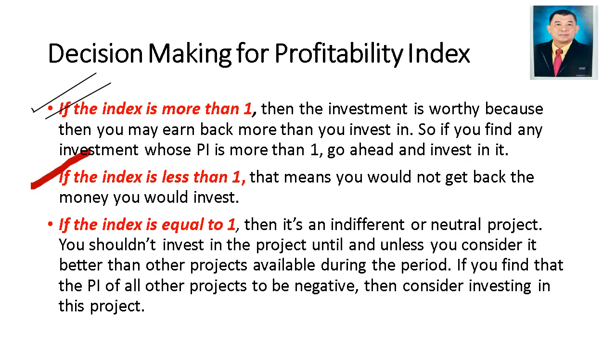If the ratio is less than 1, do not proceed with the project. If the index is equal to 1, you try to study the other project that you are trying to put up. And if it's negative, you can get this index that is equal to 1. That is the decision making.